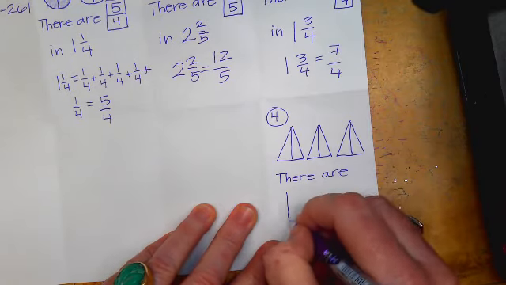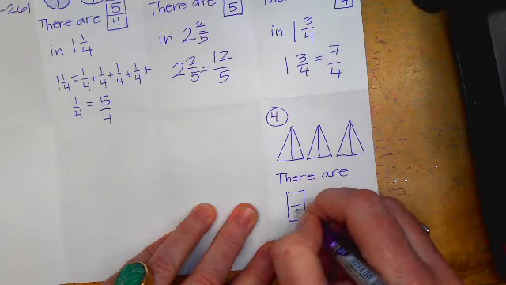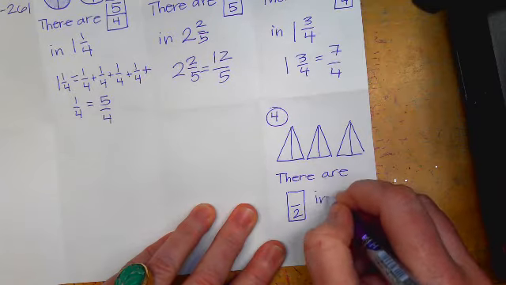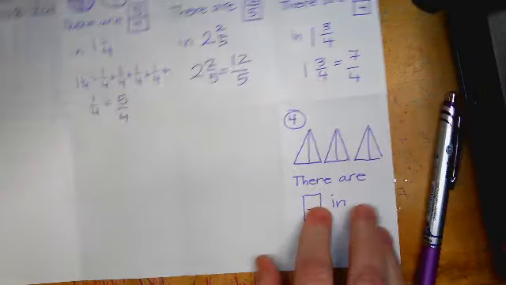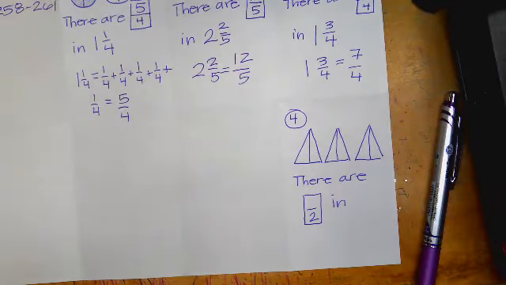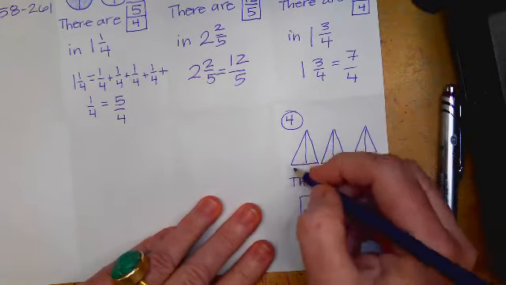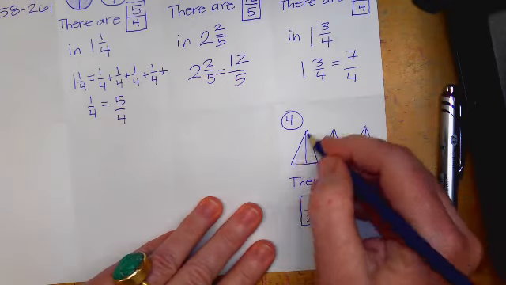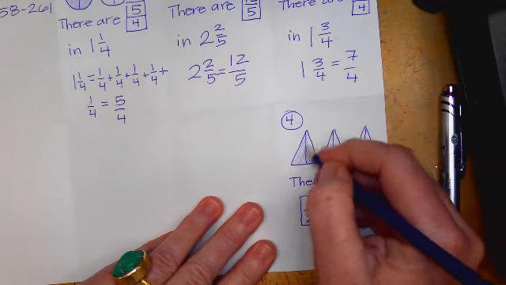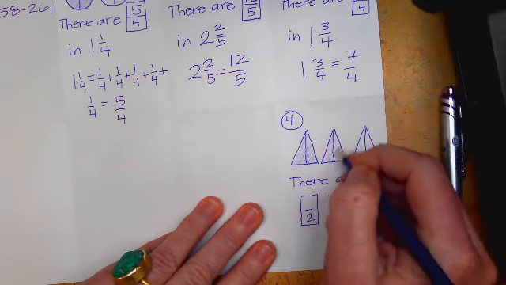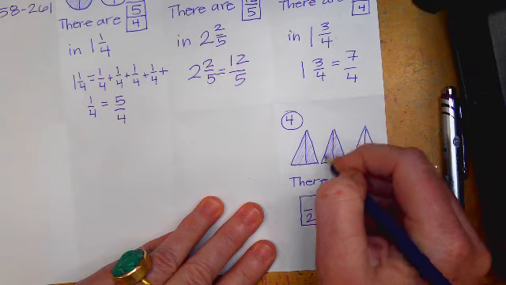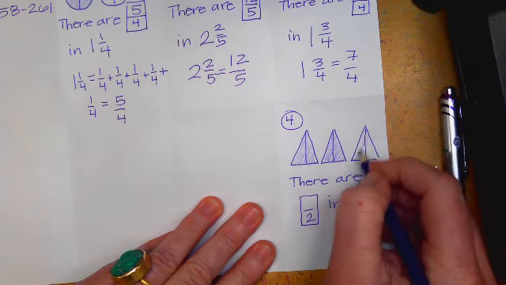And this one says there are green box halves in, and then we have some shading happening. I put my purple pencil away too early. So we have actually all of them shaded. That's interesting.